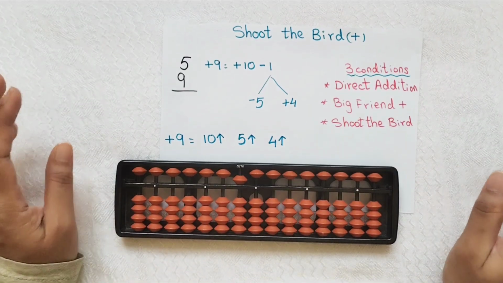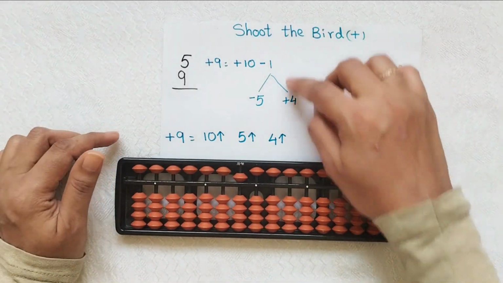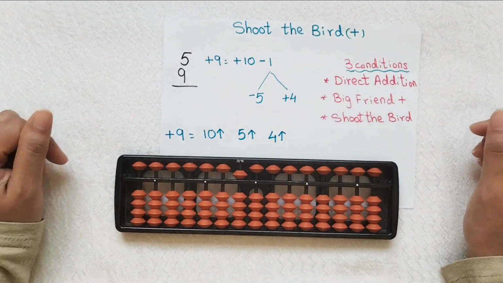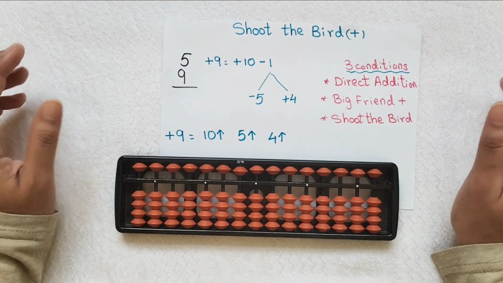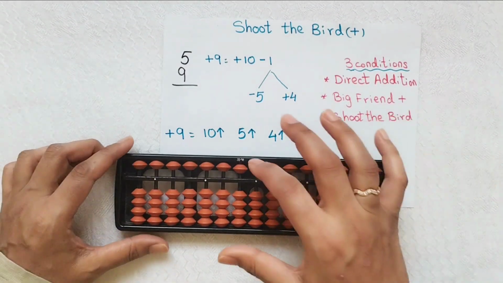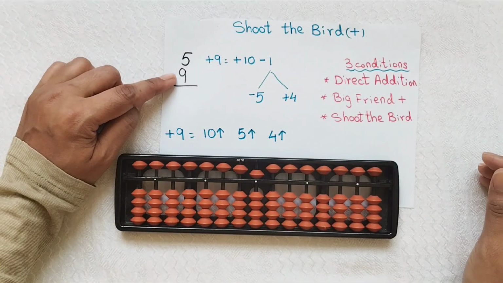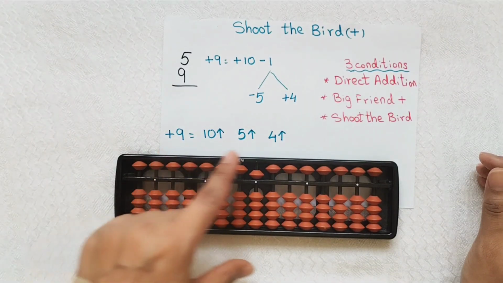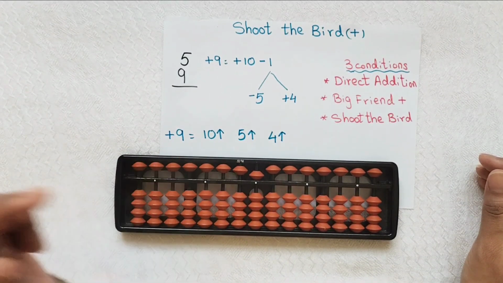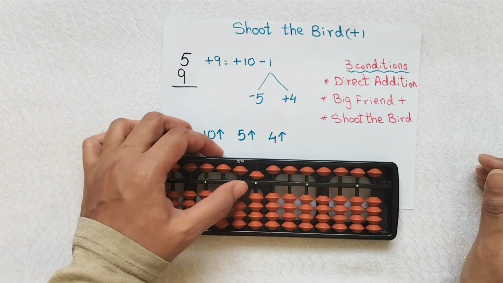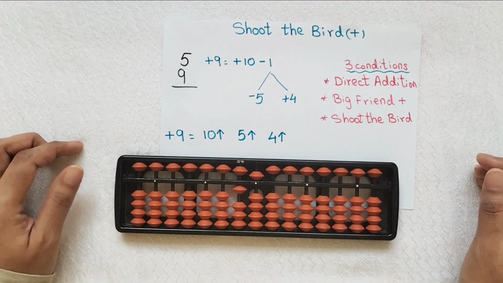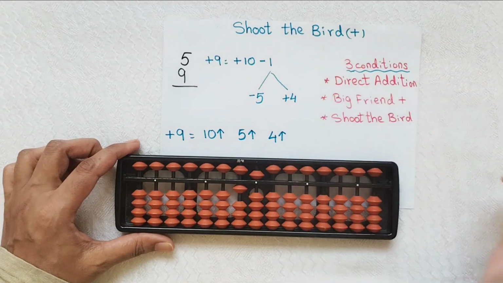So now see the magic. We will use both the formulas and we don't have to remember any of the friends. Okay, 5 here. Now plus 9. How would I do plus 9? The shoot the bird technique, that is plus 10, so I would say 10 up. I did 10 up. Now I have to do 5 up.